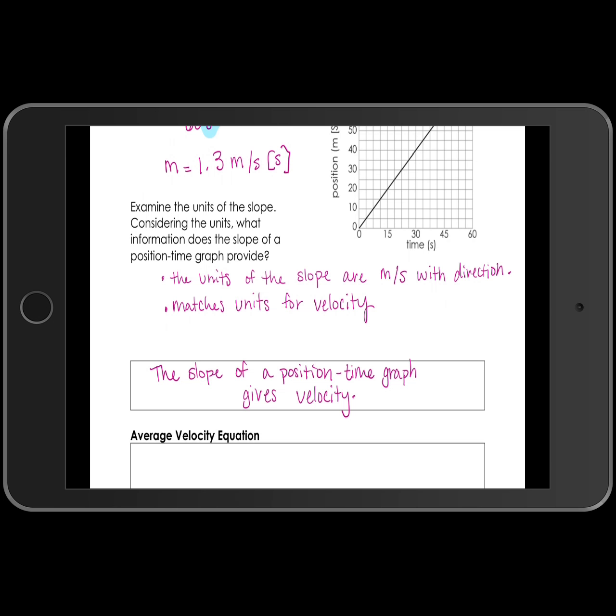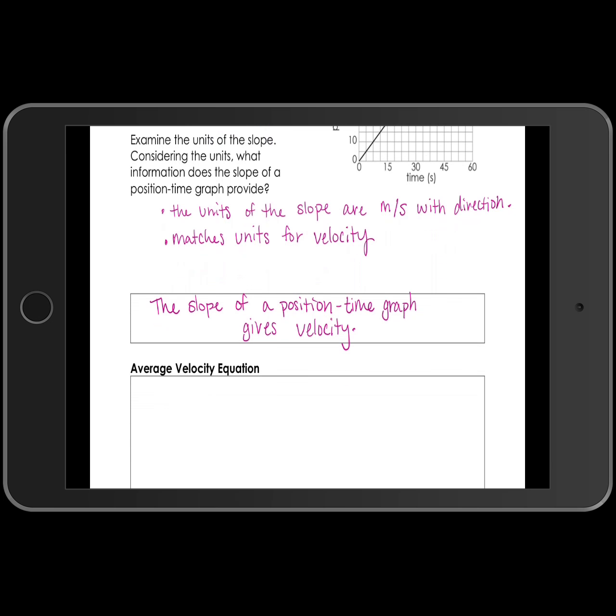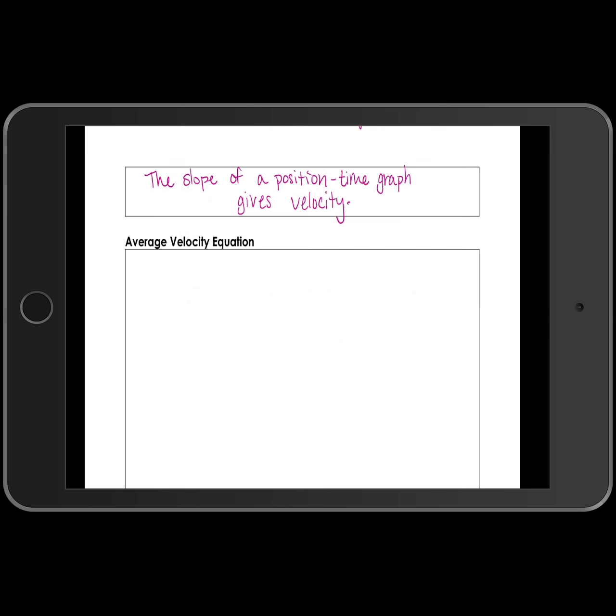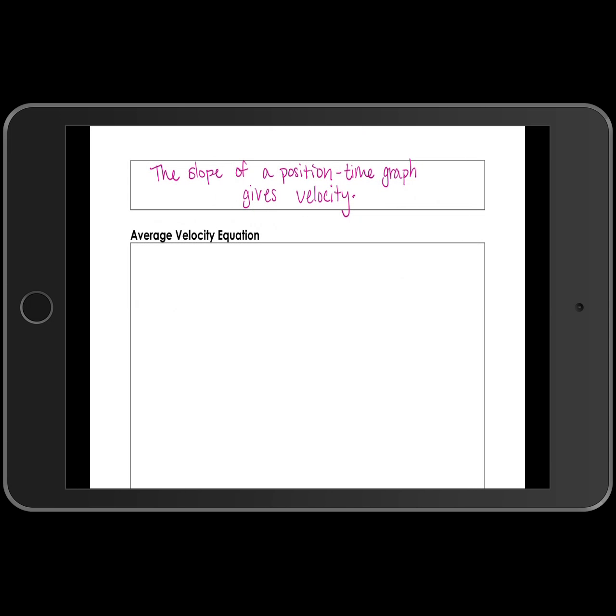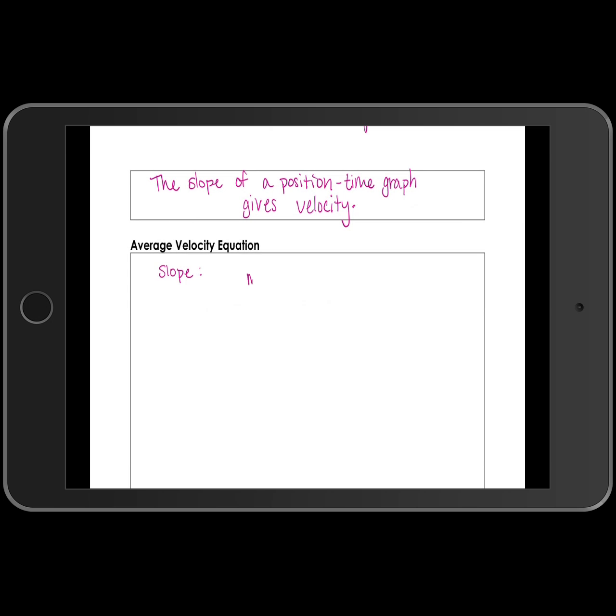Moving on to the average velocity equation. We're still going to use the slope equation that we used before to figure out the units. So m equals rise over run.